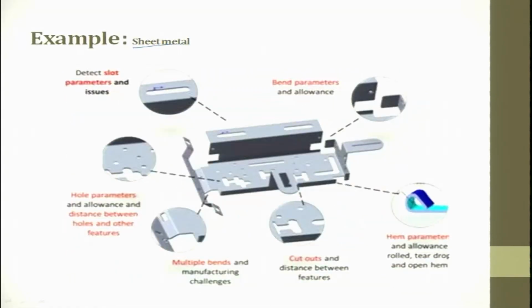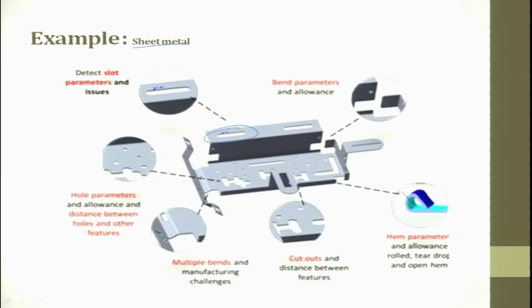Sheet metal example. Detect slot parameters and issues. Here this is a slot on a sheet metal part. To a large extent it looks something like a bracket or the cover you see used in a desktop computer. So, detect slot parameters and issues, and here bend parameters and allowances, then hole parameters and allowances and distance between the hole and the feature.